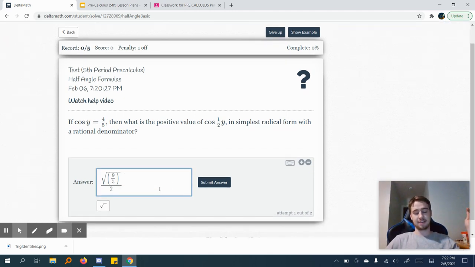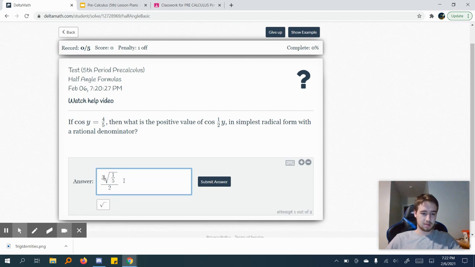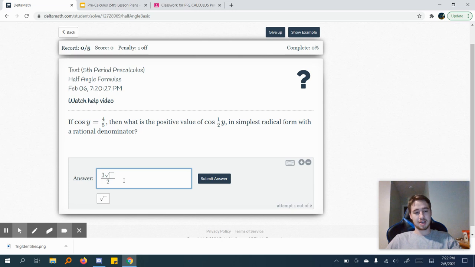So radical 9/5 over 2. How are we going to make that simpler? That's actually just going to be, we can reduce that to, instead of radical 9/5, have the square root of 1/5 times 3. And the square root of 1/5 is the same as 1 divided by the square root of 5.